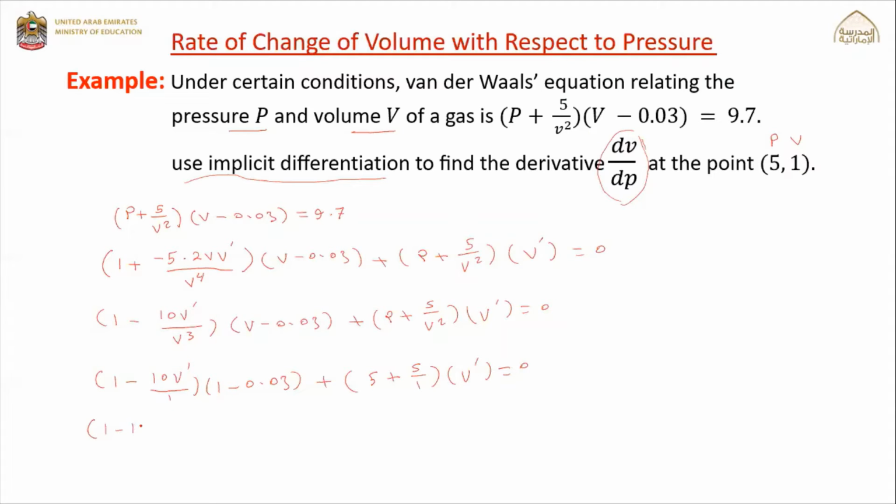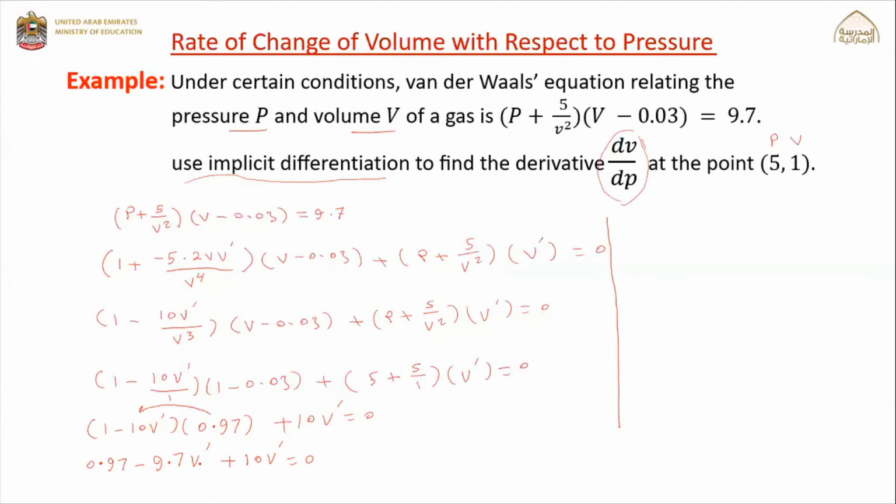So here (1 - 10V') times 0.97, plus 10V' equals 0. I will multiply with the bracket: 0.97 minus 0.97 times 10V', which will be 9.7V', plus 10V' equals 0.